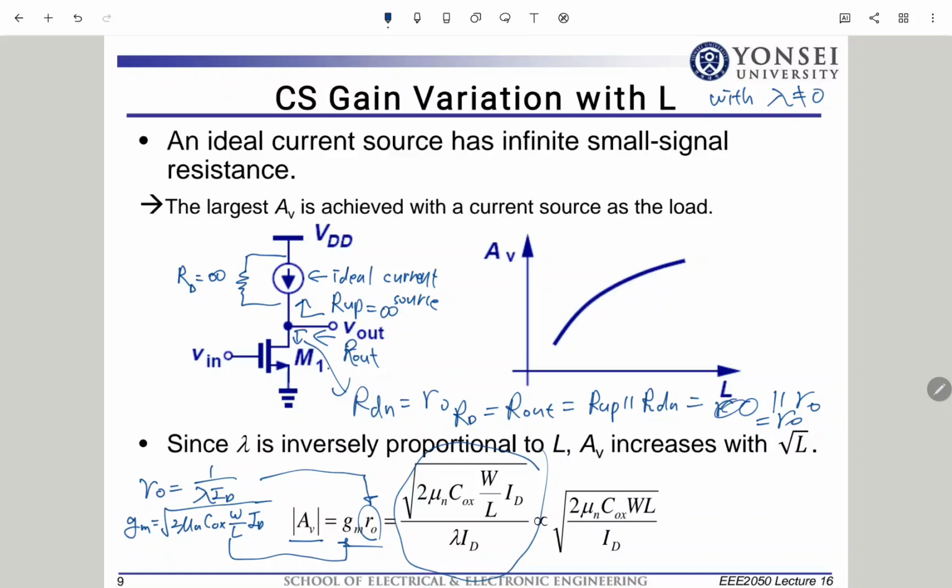And the voltage gain is proportional to the square root of channel length. Okay, so if you have a long channel length, then we have higher voltage gain.